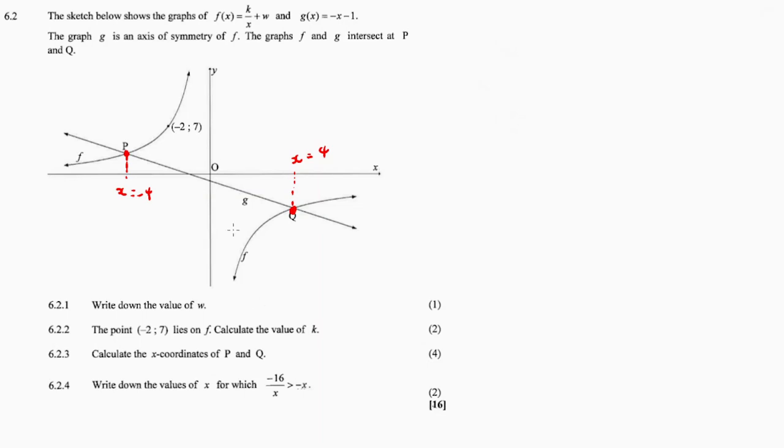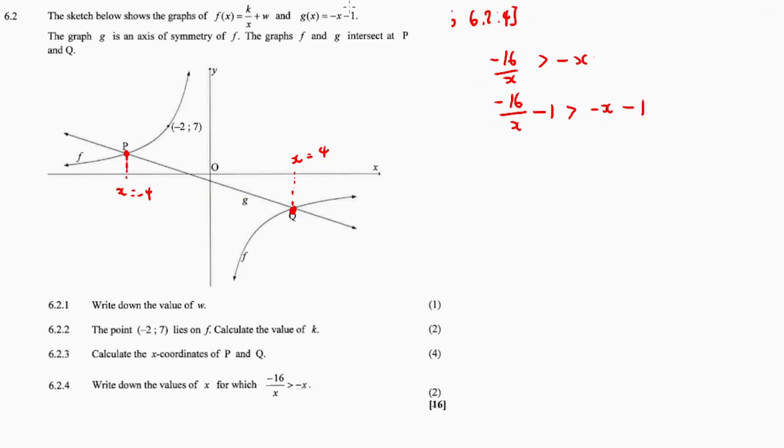You need to compare f and g. 6.2.4: minus 16 over x greater than minus x, right? But this minus 16 over x, if I subtract 1, it's minus x minus 1.